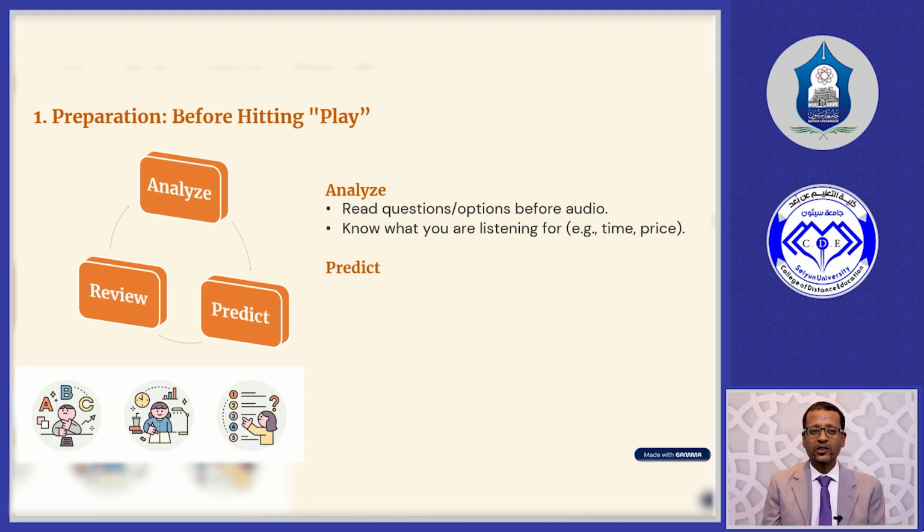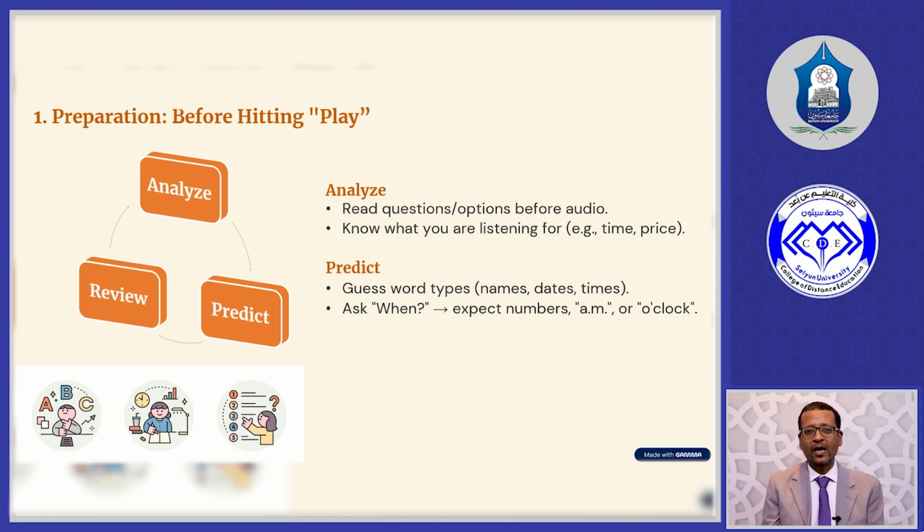to make a prediction. Prediction means guessing about what you are going to listen to. Or if you are listening to names, what type of names, and from which culture, which country. If you are listening to dates, will there be, for example, birthday dates, or what type of dates, times? Try to guess the word type and ask yourself when, if it is about time, when something happens, or if it's about a date, which date is there.